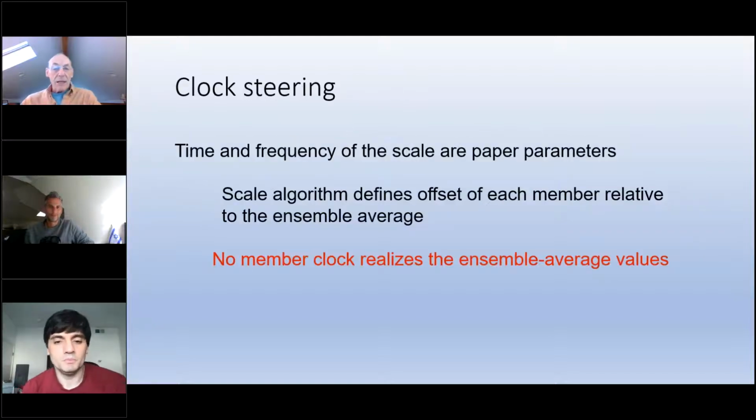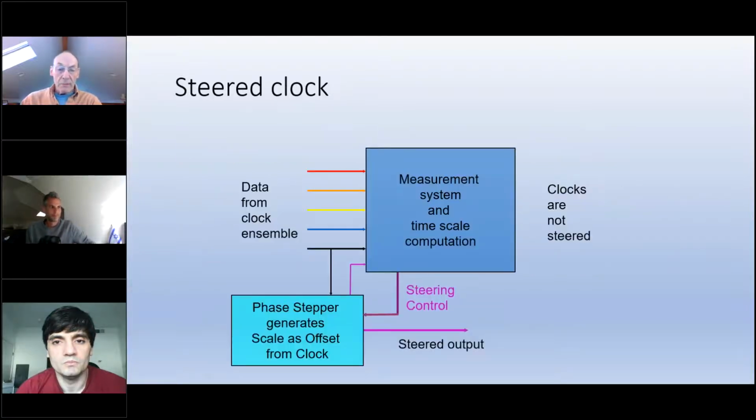Okay, let's talk about clock steering. The clocks in the scale are free running clocks. No member realizes the ensemble average itself. You have to steer them. The black lines are all the input clock signals going into a measurement system.